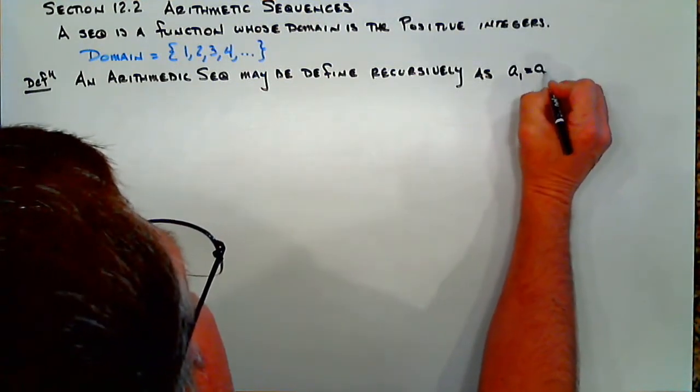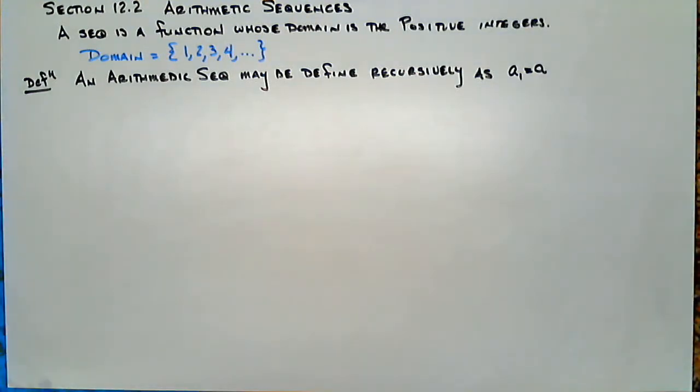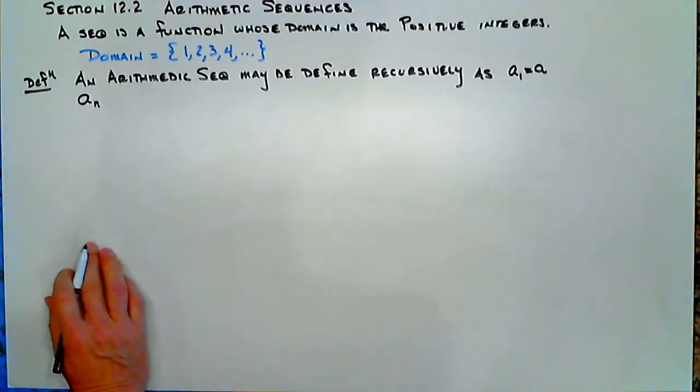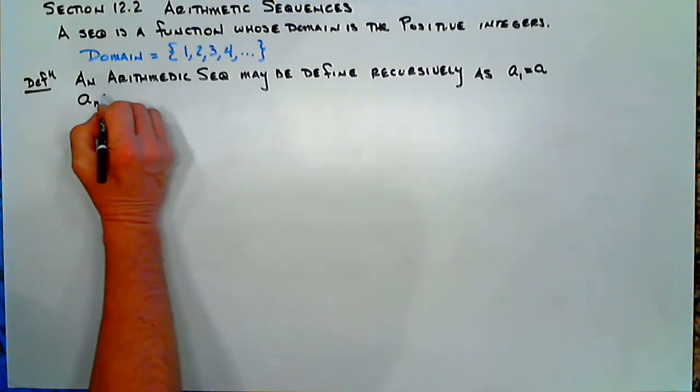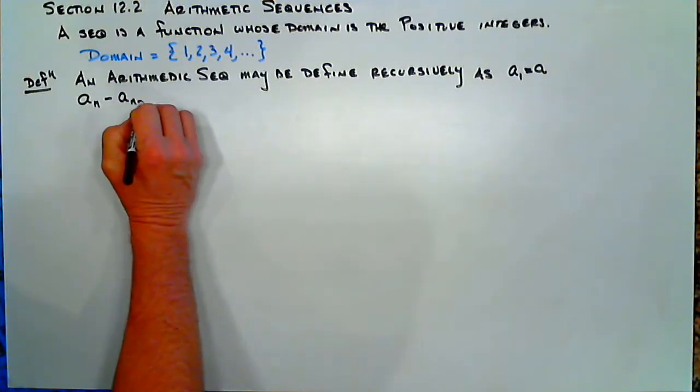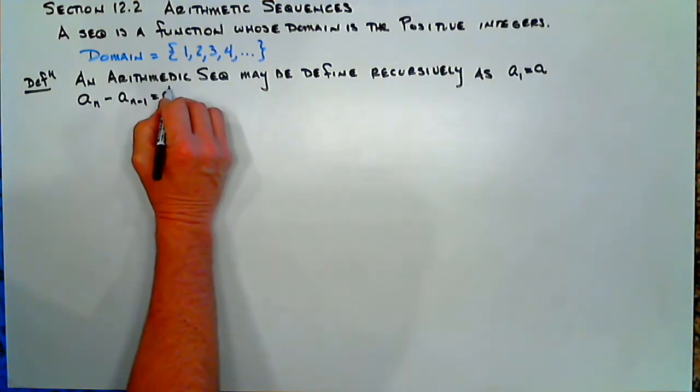Remember how recursive sequences work. We're given usually the first term. In this case, we're given a sub 1 equals a. And then we're told a sub n minus a sub n minus 1 equals d.